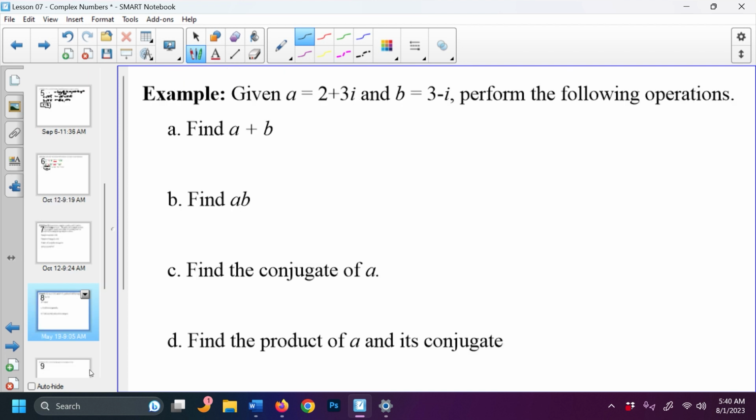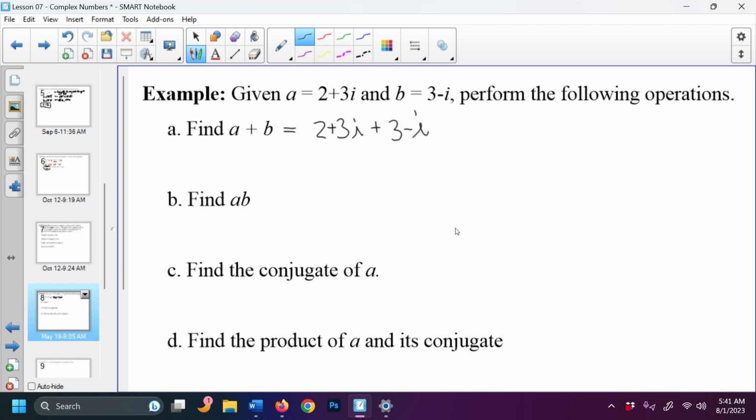As an example, let's talk about the following operations. If I say that A is the complex number 2 plus 3i and B is the complex number 3 minus i, we're going to perform the following operations. The first thing we're going to do is add them. So this becomes 2 plus 3i. That's what A is, I'm just substituting in. And then we will add 3 minus i.